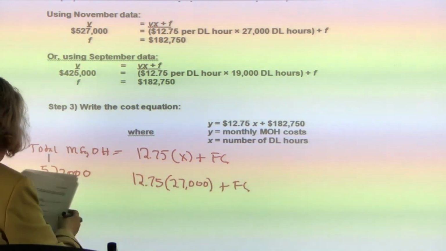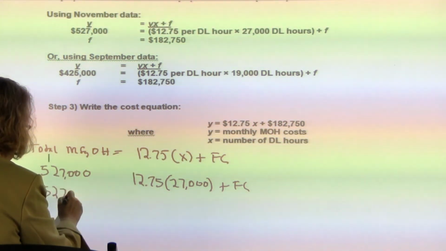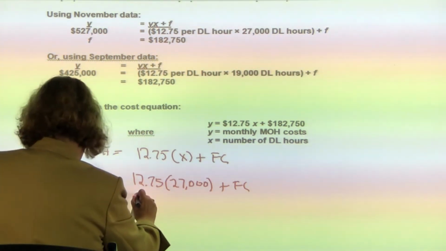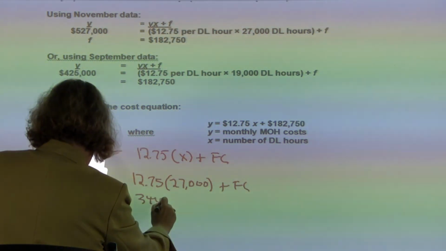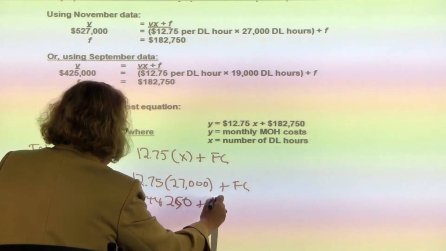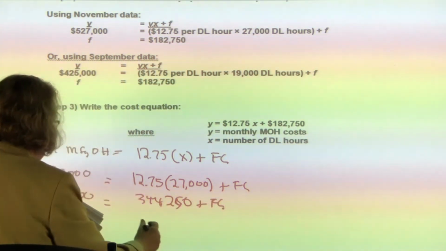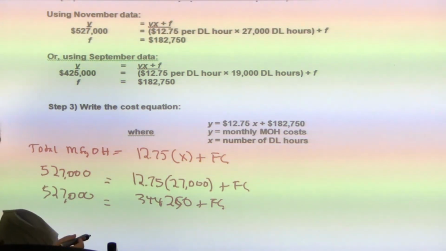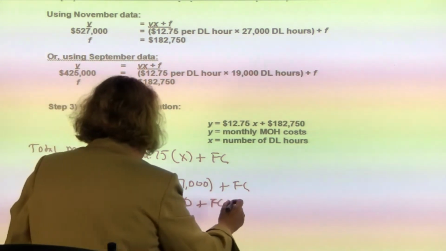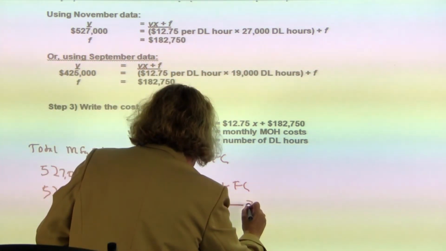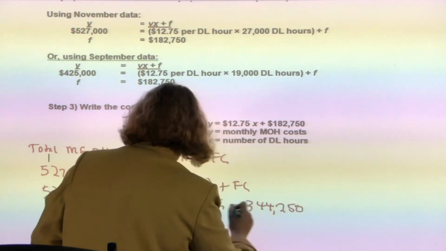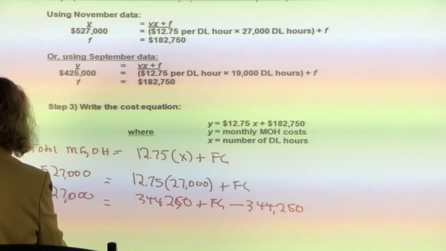So now we have 527 is equal to 344,250 plus, we're still looking for our fixed costs. Now we want to subtract that 344,250 from both sides of the equation, because we want to get the unknown factor on one side.